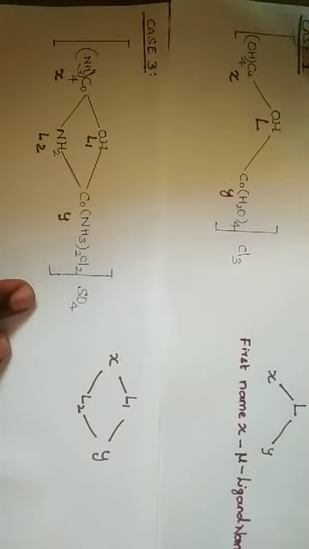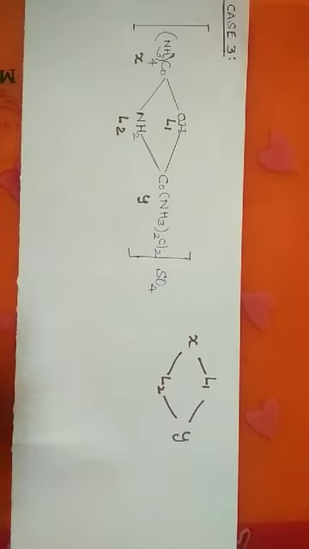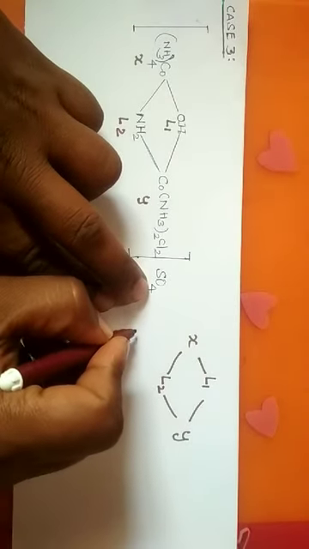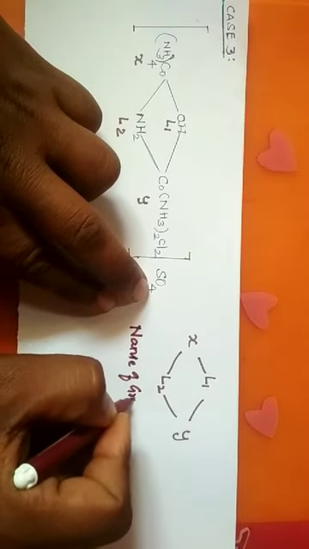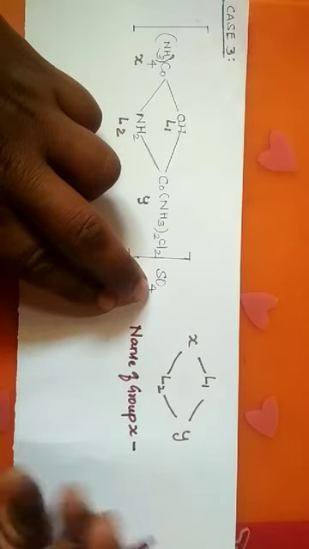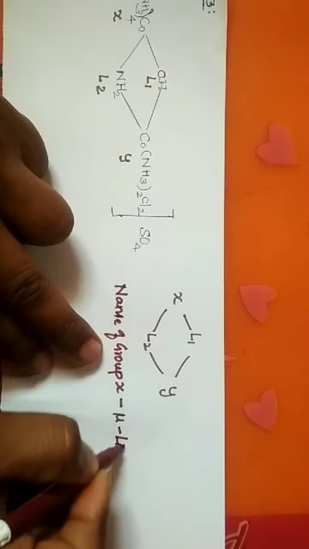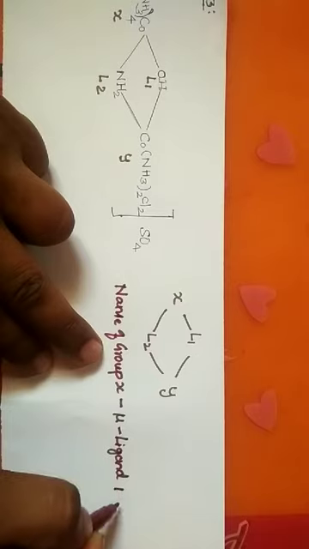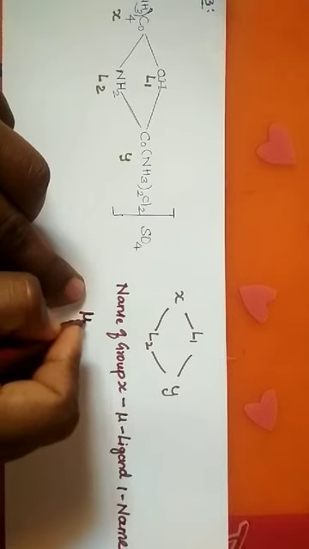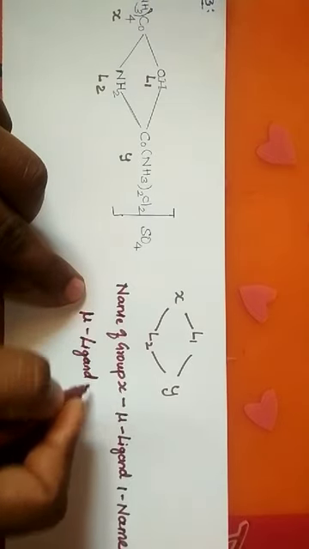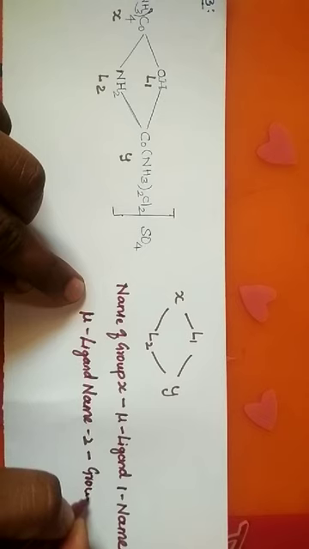Then how to write the name is: first you write the name of the group X, then mu which indicates the bridging ligand, ligand 1 name, then continuing, mu ligand 2 name, and finally group name Y.